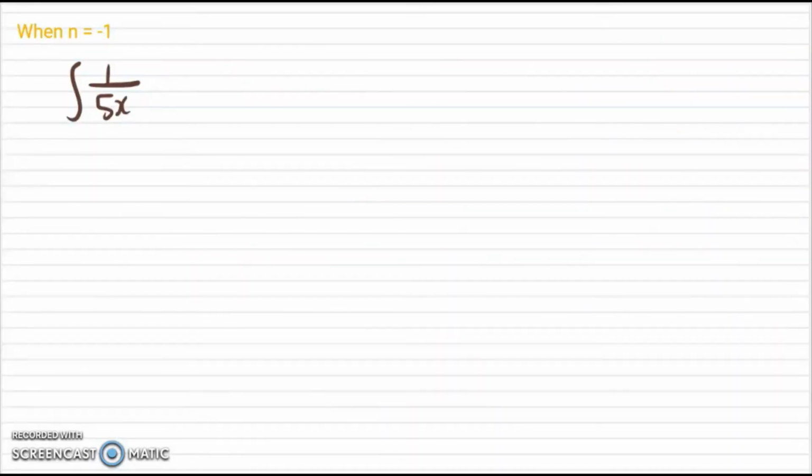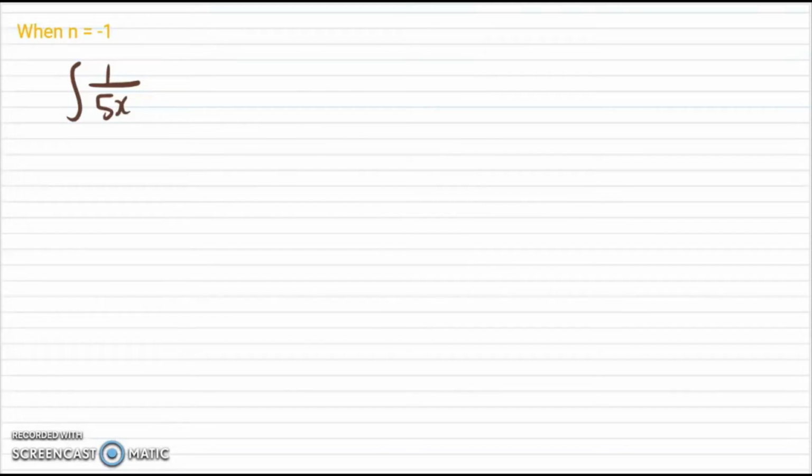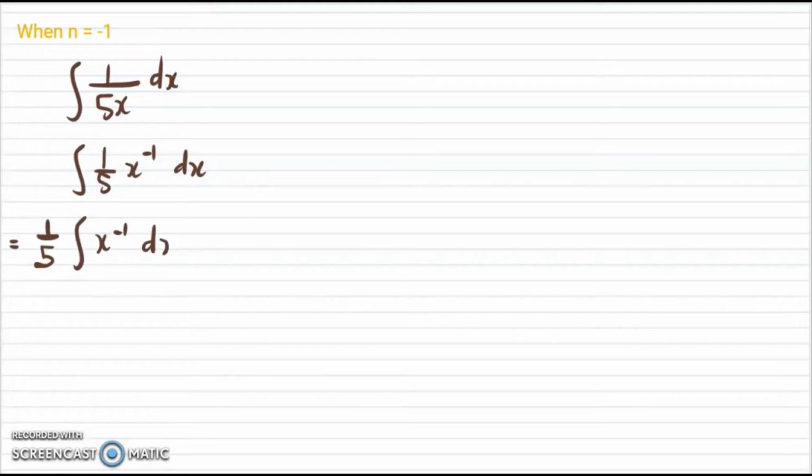An example of this is when we integrate the integral 1 over 5x dx. So we can rewrite this as 1/5 x raised to negative 1 dx, right? And applying the constant multiple, we can factor out the constant 1/5. So we'll have 1/5 integral x raised to negative 1 dx.